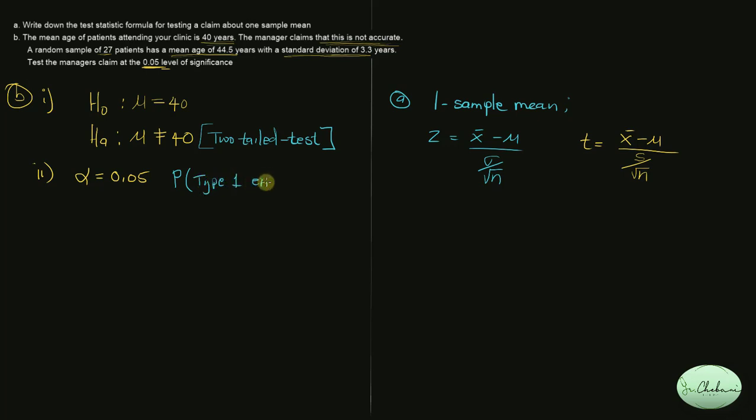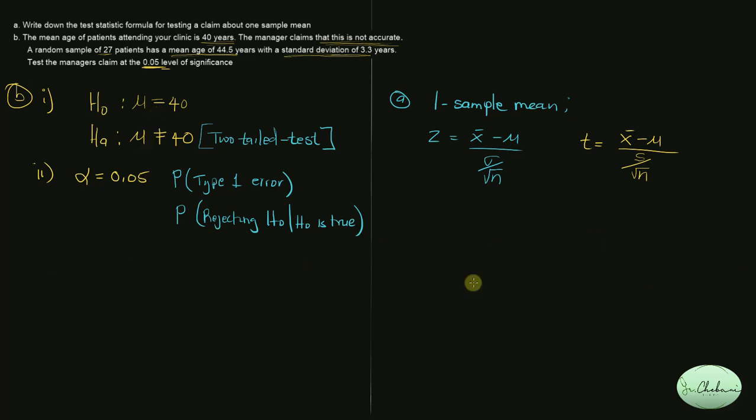A type 1 error is the probability of rejecting the null hypothesis, given that the null hypothesis is true. So there's a 5% probability of wrongly rejecting this null hypothesis. That's what we call a type 1 error.